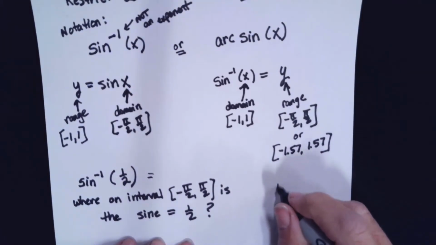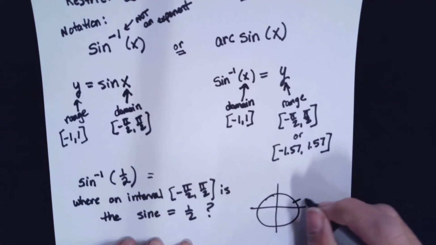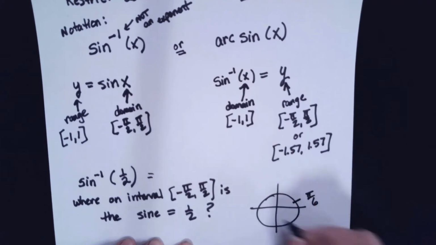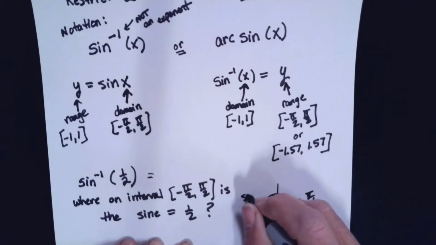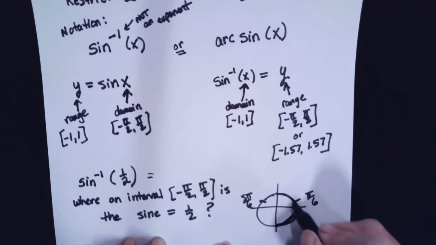So we think about our unit circle. The sine is equal to 1/2 at π/6 and also at 5π/6. But they don't want those answers. I mean, there's an infinite number of answers to just where is the sine equal to 1/2. We could just keep going around and around the unit circle to get an infinite number of answers. But we want only the answers between -π/2 and π/2.